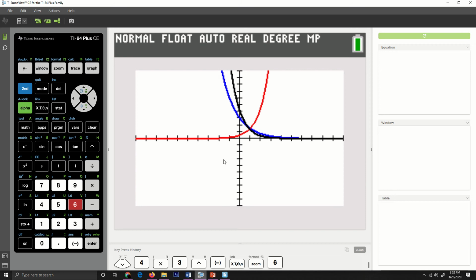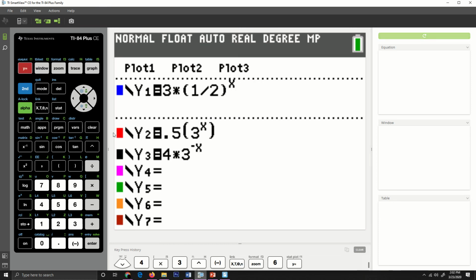Here I can clearly see that the red function is exponential growth, the blue function is exponential decay, the black function is exponential decay. And so if I look at my graph, what's in common? Here is an instance where I have my b that is a fraction between 0 and 1, and here is an instance where I have a negative exponent.